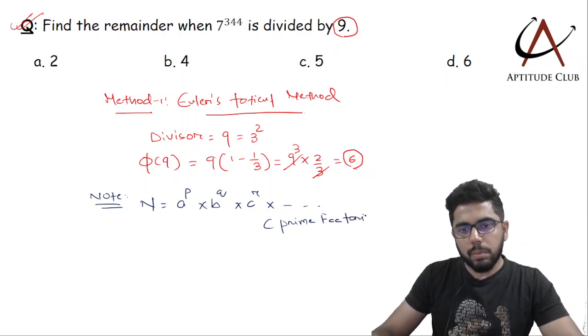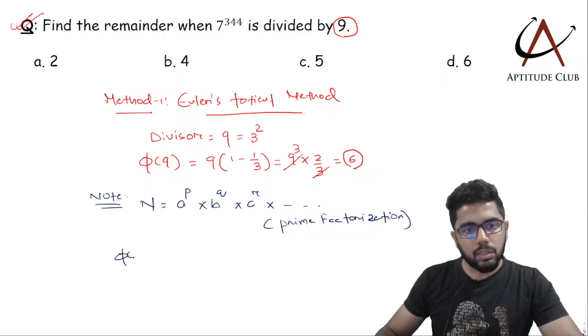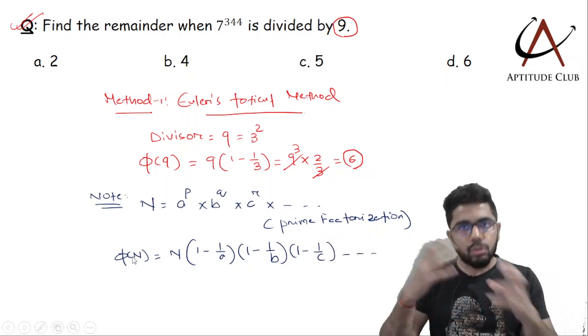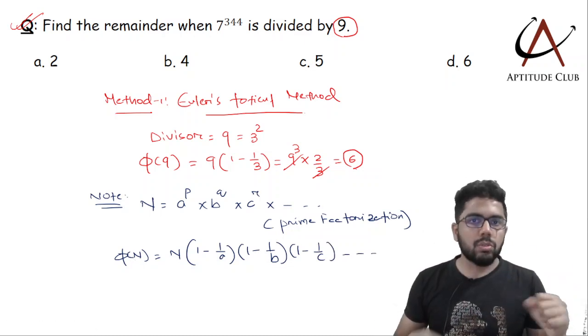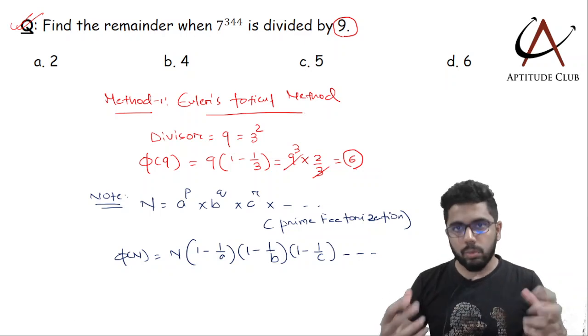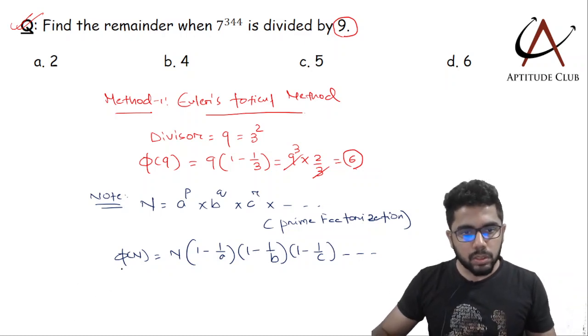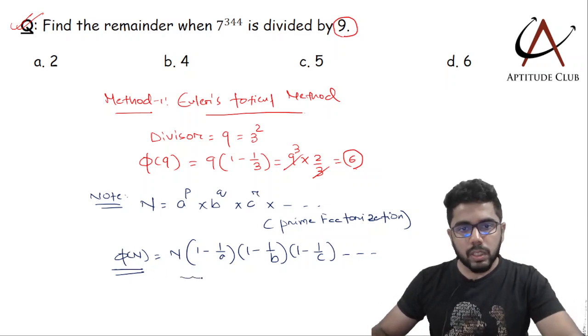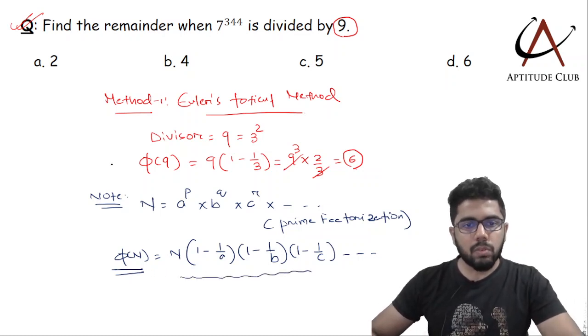And once you have prime factorized, then you can easily calculate phi of n, Euler's number or Euler's Totient function also we call this, as n whole into 1 minus 1 by a, 1 minus 1 by b, 1 minus 1 by c and so on. You selectively exclude the numbers that divide n so that you will be left with numbers that are co-prime to n. So Euler's Totient function, the meaning is number of natural numbers that are less than and co-prime to n. So we can use this formula. So that is what we did here.